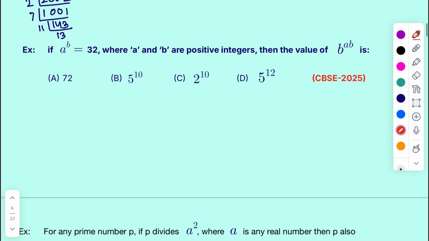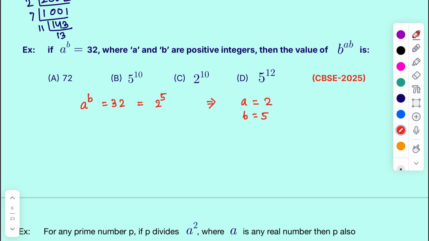Now the second question is a to the power b is equal to 32, where a and b are positive integers. The only case that satisfies this is 2 to the power 5. This implies a is equal to 2 and b is equal to 5.